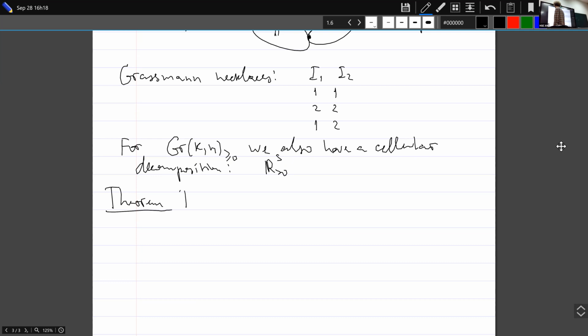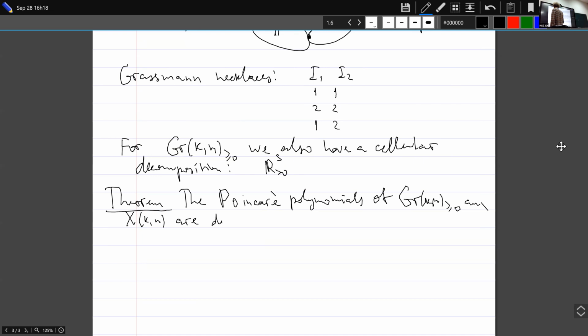So the Poincare polynomials of this totally non-negative Grassmannian and XKN are dual.